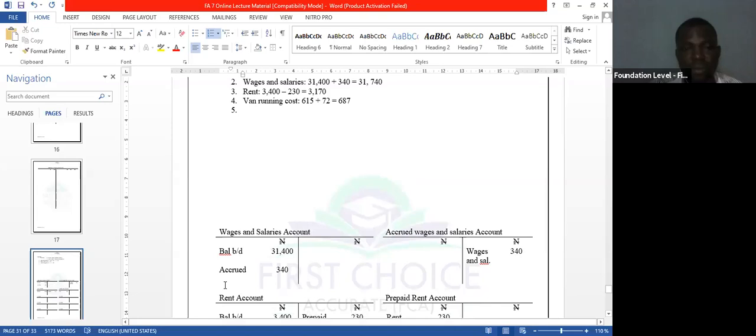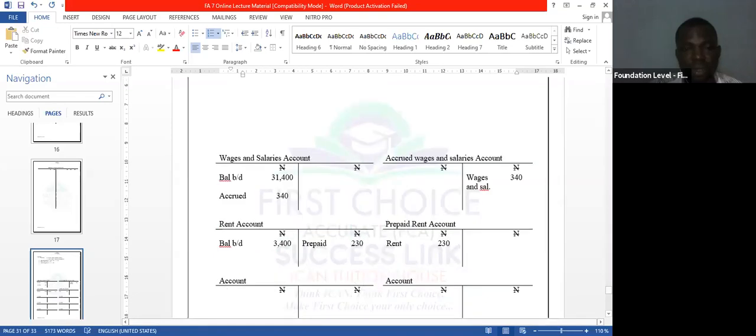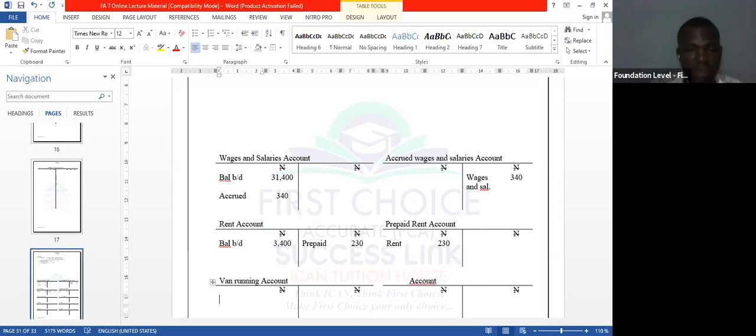Okay, let me show the format for van running cost. So we have van running cost, an expense. We have the balance brought down for the expense, which is 615, and we added the accrued amount because they are owing.